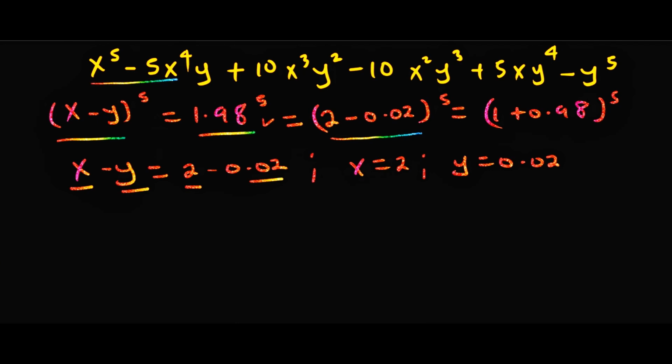So we have x power 5, so that is 2 power 5, minus 5 into x.